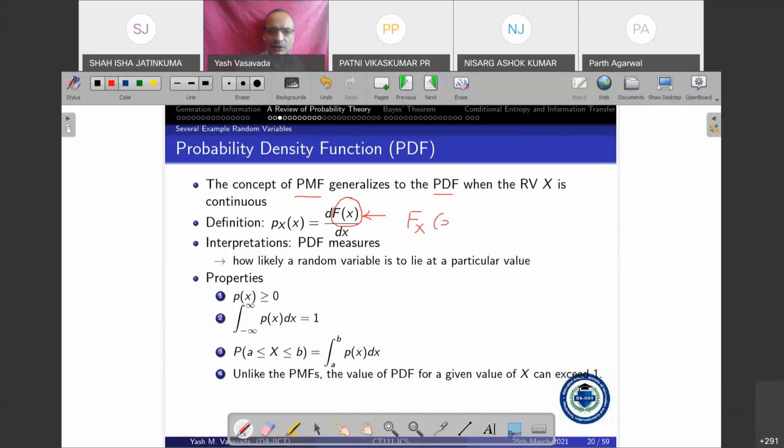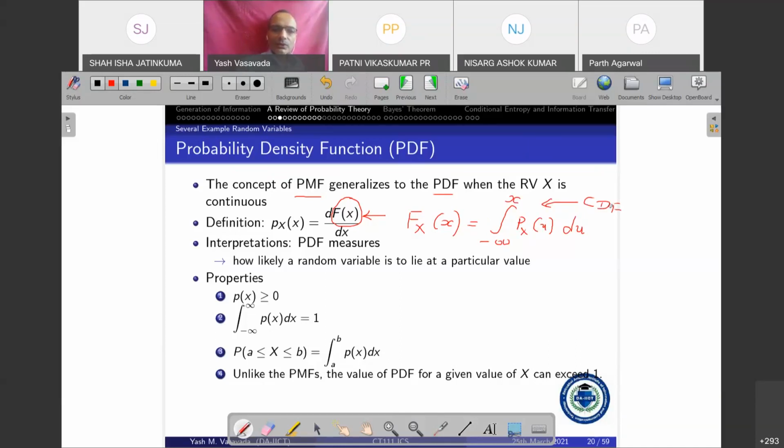Similarly, we are going to define the cumulative distribution function for a continuous random variable as the cumulative integration from minus infinity to x, small x, of the PDF, p of u, where I'm integrating over u from minus infinity to x. So this is the definition of the cumulative distribution function, or CDF.